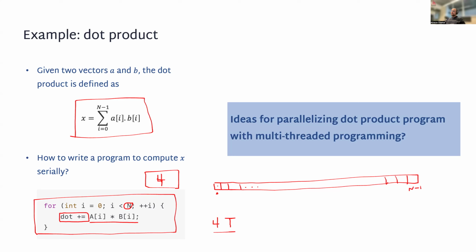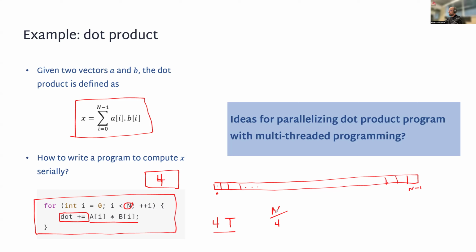What if I can divide the data? Let me try to draw. What if I divide the data into chunks, right? So I have 4 threads, so probably I can have n divided by 4 chunks.